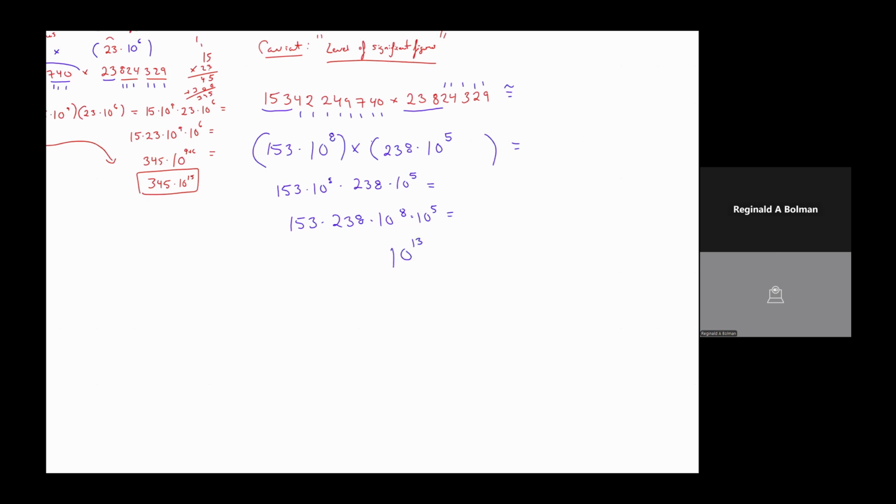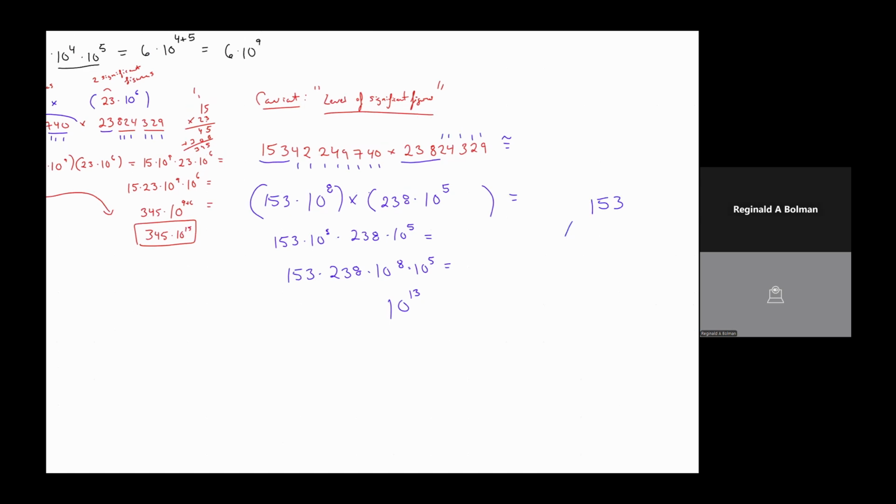We go to the side of our page. We'll do 153 times 238, which is a somewhat longer calculation. 8 times 3 gives me 24. Carry your 2. 8 and 5 is 40, plus 2 gives you 42. Carry your 4. 8 and 1 is 8, plus 4 gives you 12. Drop a 0. 3 and 3 is 9. 3 and 5 is 15. Carry your 1. 3 and 1 is 3, plus 1 gives you 4.